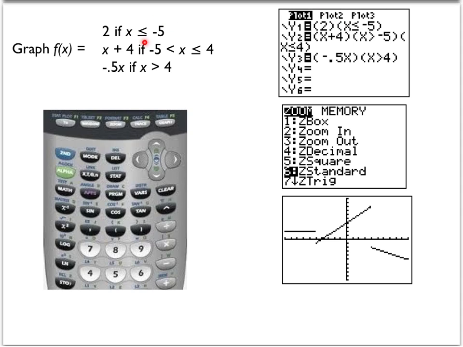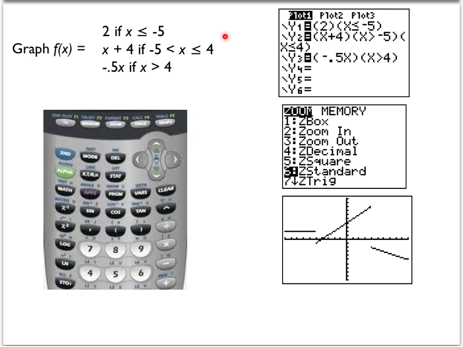And the condition here, x less than or equal to negative 5, has to be in parentheses as well. Now, where do you find the less than or equal to sign? Well, go to Second and Math. You get to this Test menu, and you'll see all those inequalities there. So you can just enter them like that.